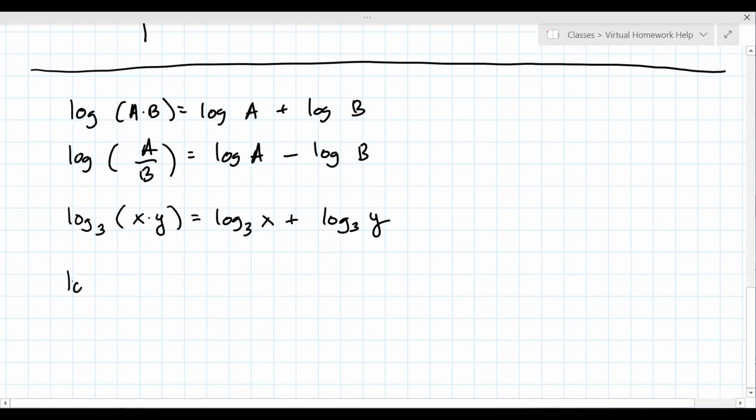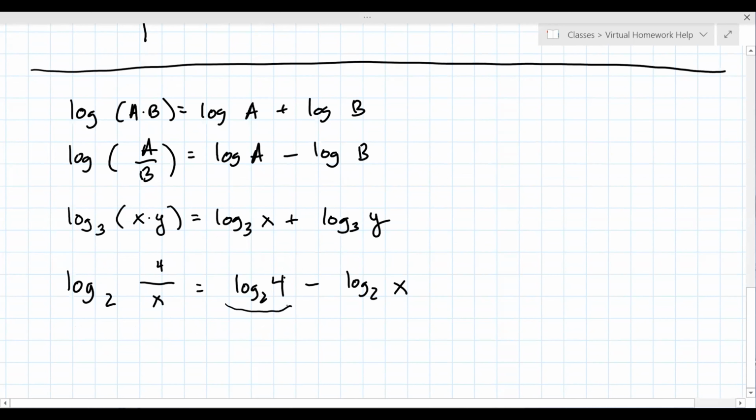If I say log base 2 of 4 divided by x, this equals log base 2 of 4 minus log base 2 of x. Because it's division, you get a subtraction symbol here.